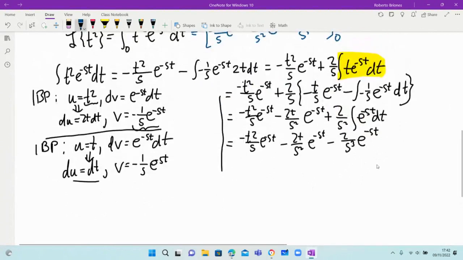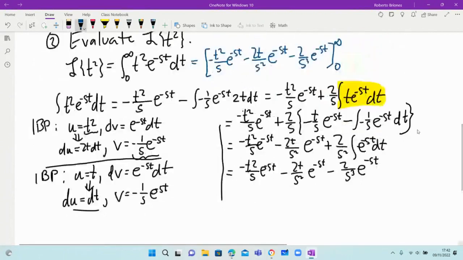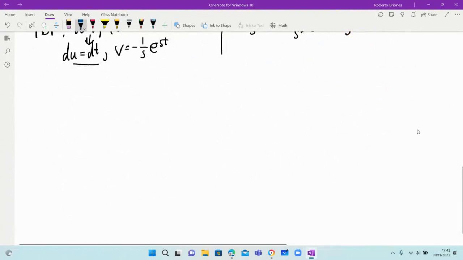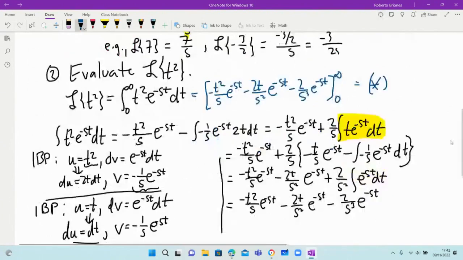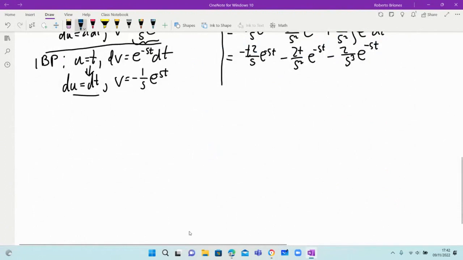Okay, so let me bring the calculation now to this side of our notepad. So let me call this star. Okay, so star will just be equal to the following.